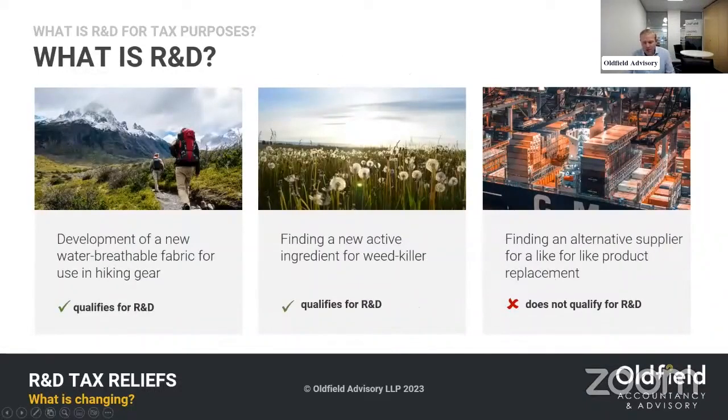Just to give you a few more examples of what does qualify for R&D and the difference between that and what doesn't, I've got three examples here on screen. The first two are actually taken from examples in the government guidelines on research and development as to what does qualify. The first one: a clothing company seeking to develop a new water-breathable fabric for use in hiking gear.